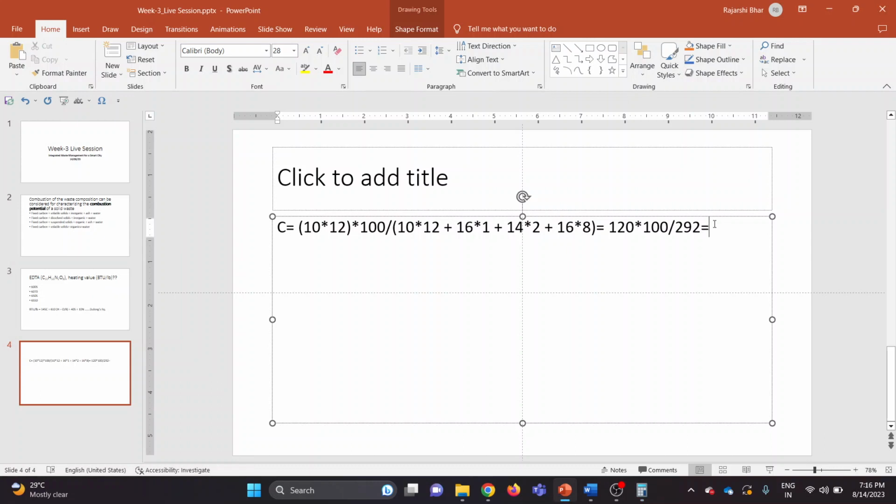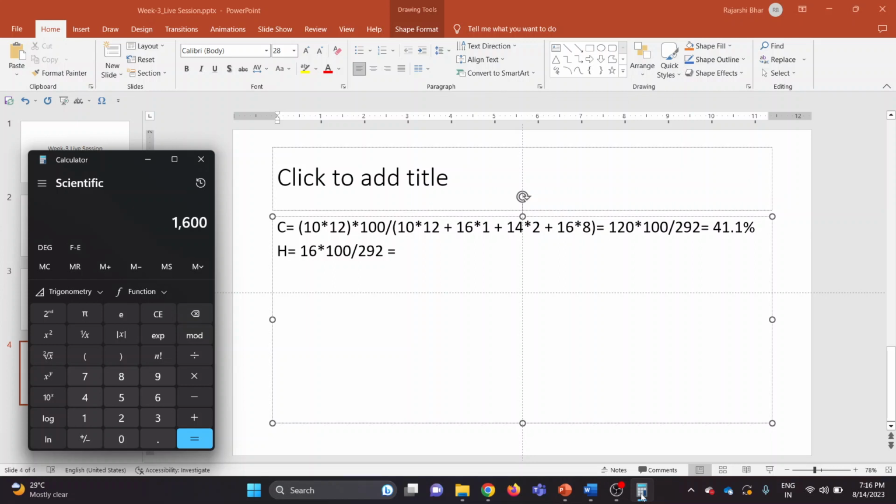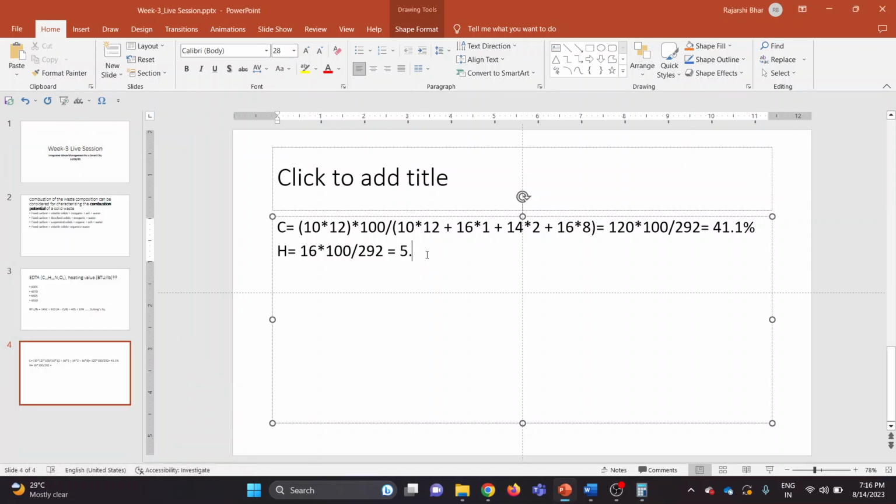So the carbon percentage is around 41.1%. Similarly, I will calculate the same for percentage H. The numerator will be the total weight of hydrogen present in that molecule. So 16 atoms of hydrogen, that means 16 into 100 divided by 292, which is around 5.5.